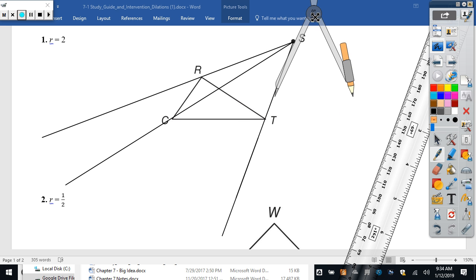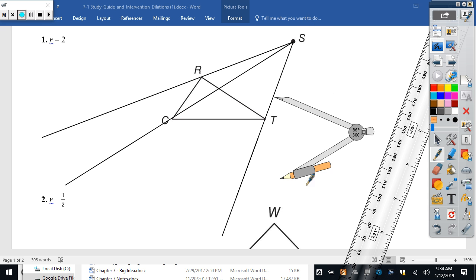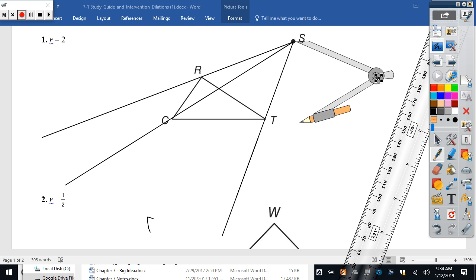All right, and here's the deal. If my new triangle is going to be twice the size of this one, the distance, if you see here, as it gets further and further away, okay, it gets bigger. The gap between lines gets bigger. So how much further from the center of dilation is this triangle going to have to lie if it's twice the size? Well, wouldn't it make sense it's going to have to be twice as far?